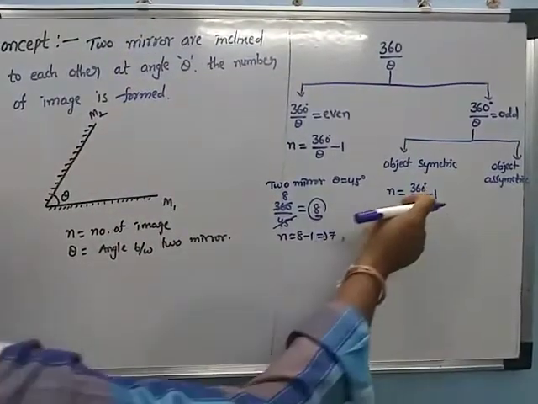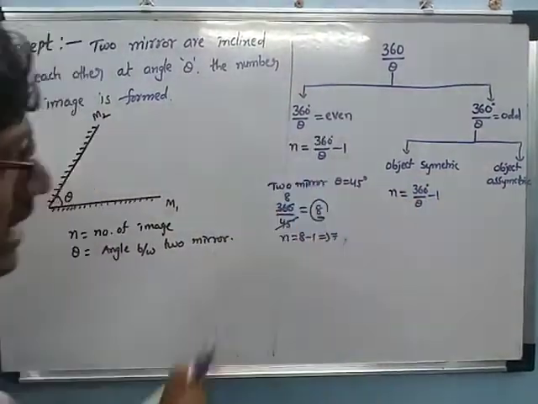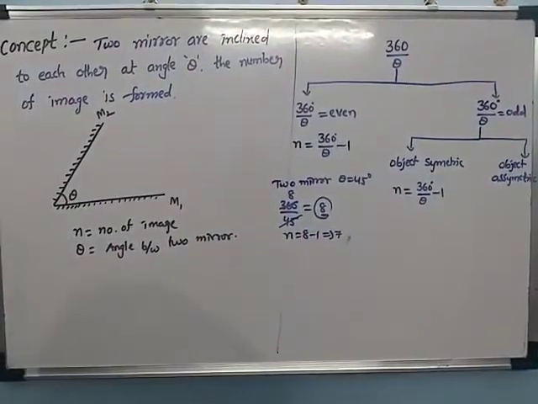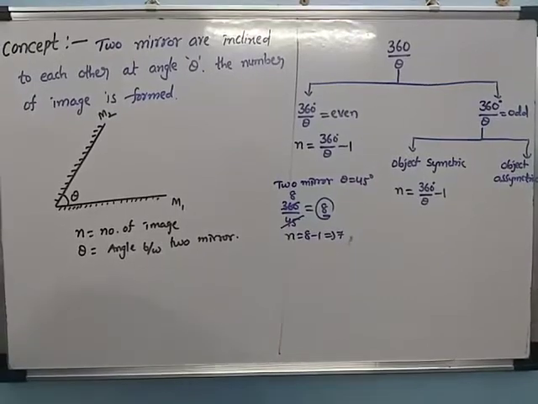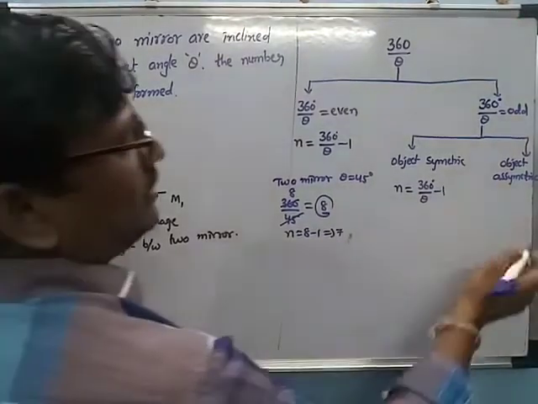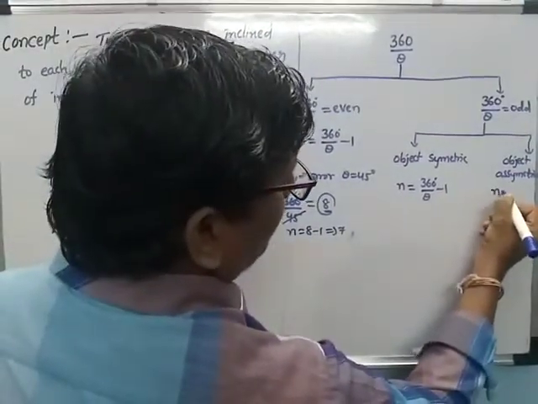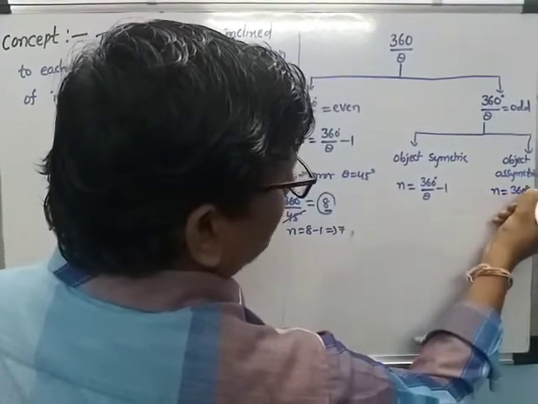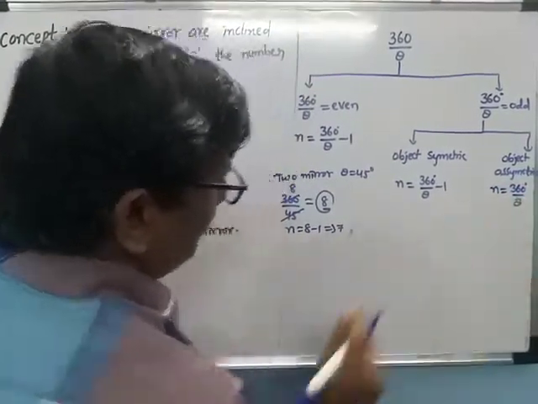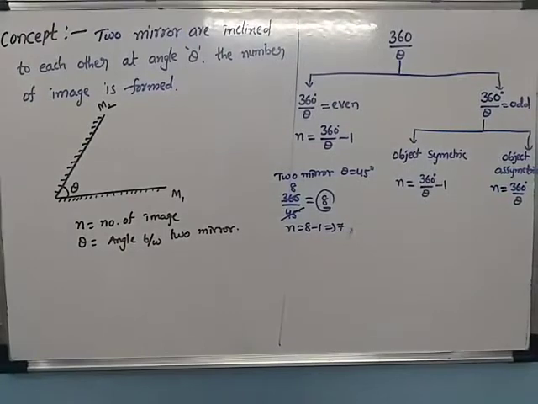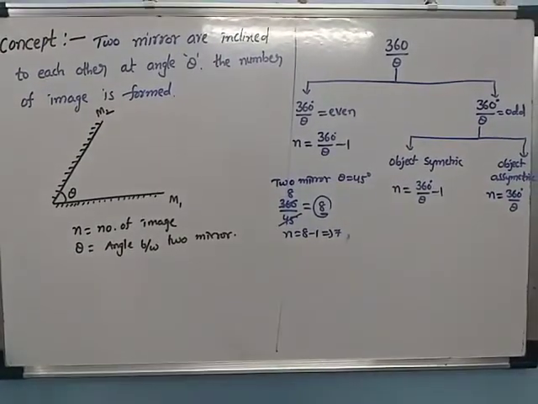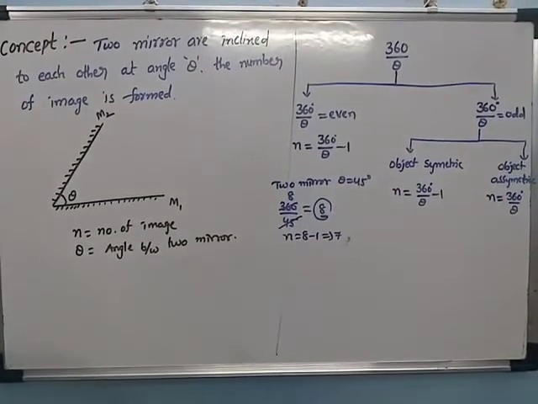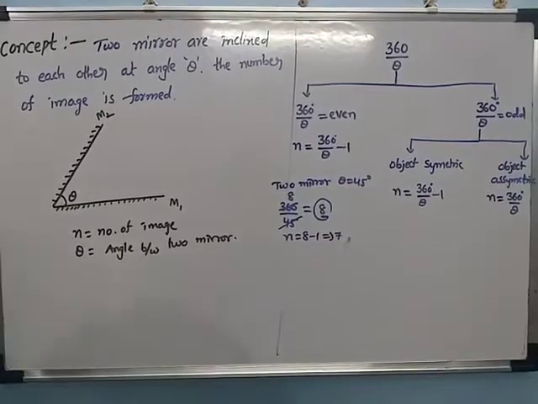Again, the total number of images is less by 1. But when the object is asymmetric, we take the same, N is equal to 360 degrees by theta. How can we find out the symmetric and the asymmetric?